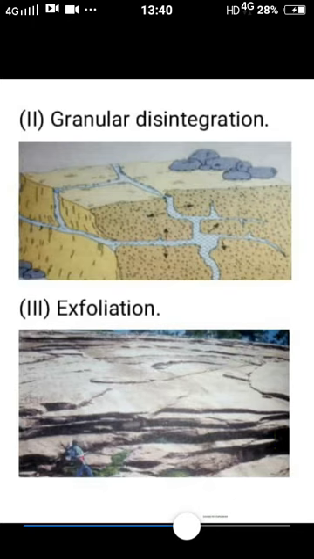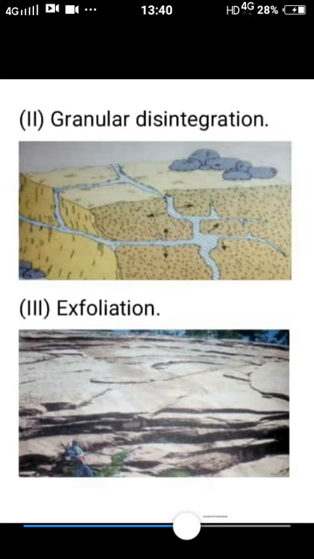And this causes a series of joints and cracks in the outer rock layers, and the rocks are broken into pieces and fragments which have angular shape. So this is called granular disintegration.